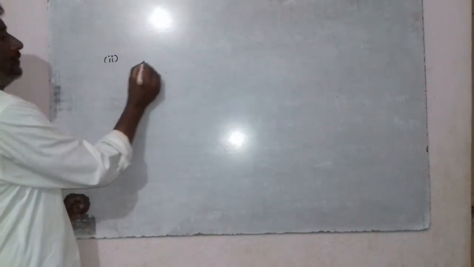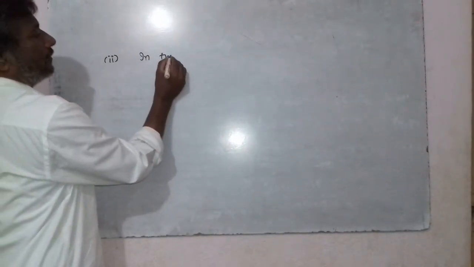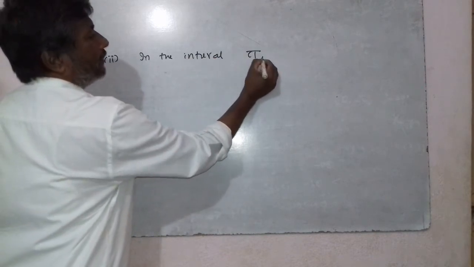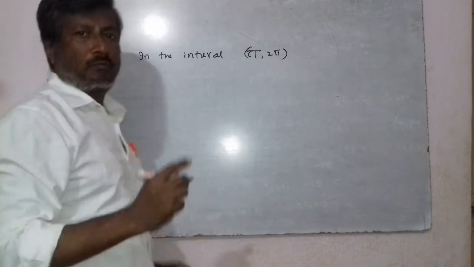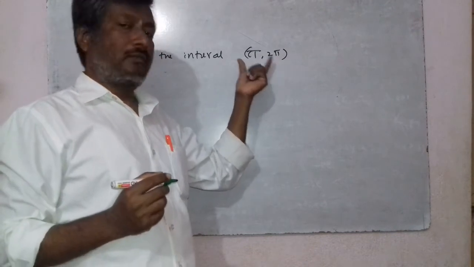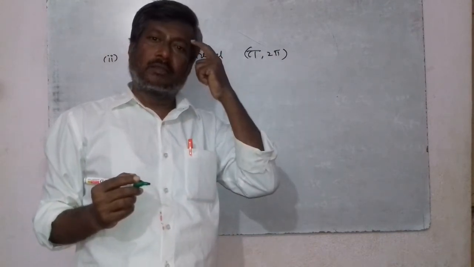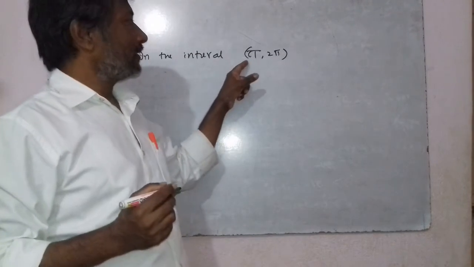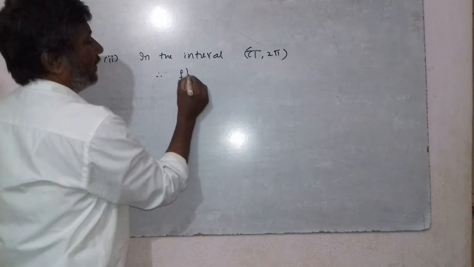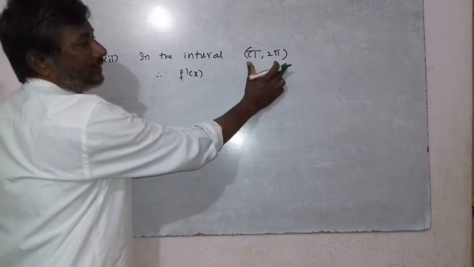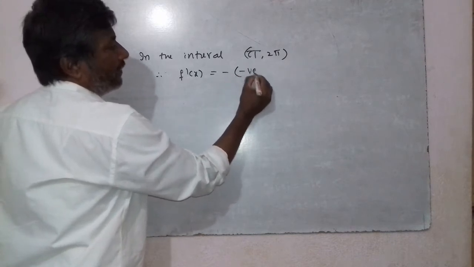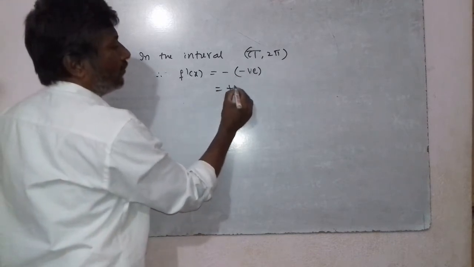So second case, in the interval pi to 2 pi. Pi to 2 pi means it is the third and fourth quadrant. In the third and fourth quadrant, sin x is negative, so f dash x is minus minus, so this equals positive.